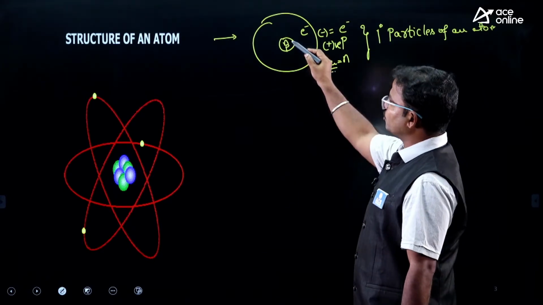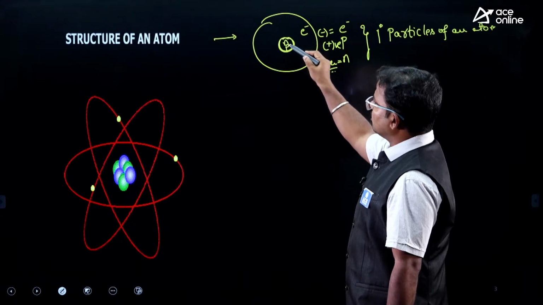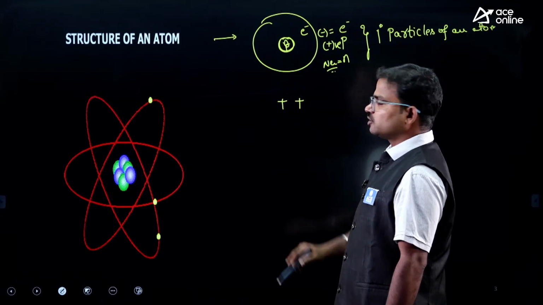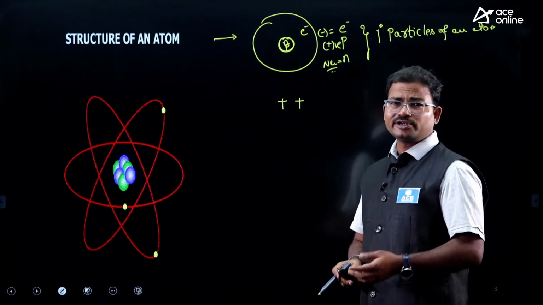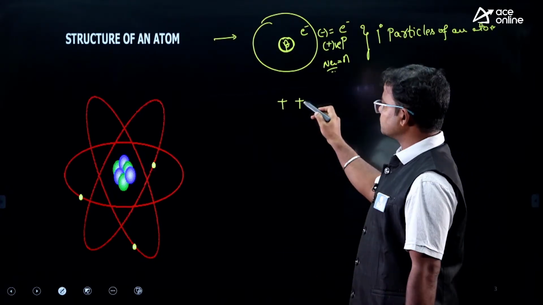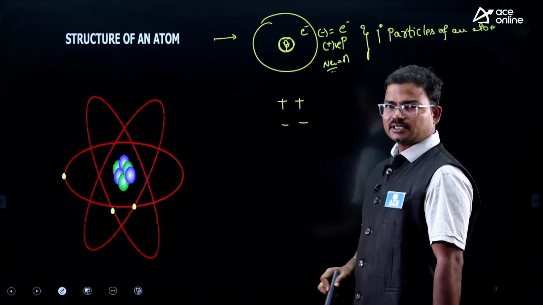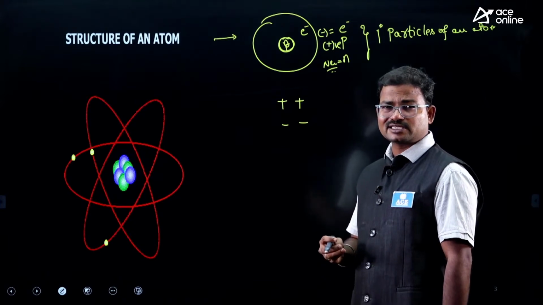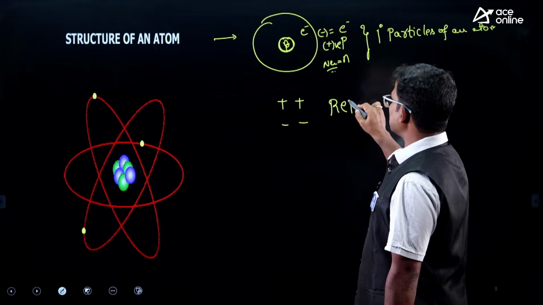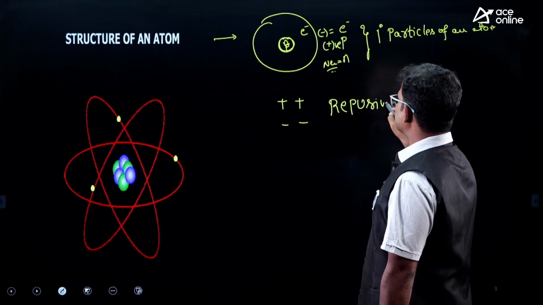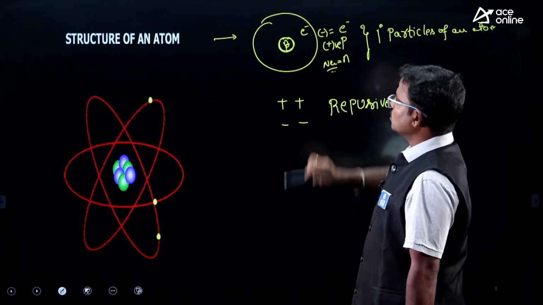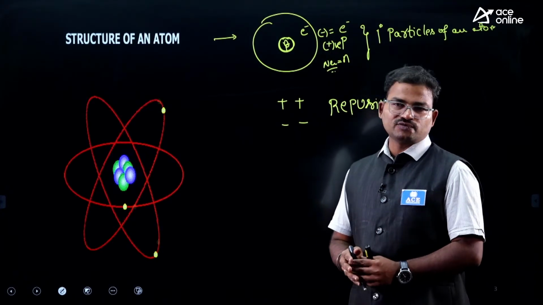But if you observe the nucleus, mostly protons exist there. So what kind of charge does it have? Positive. We already know that according to Benjamin Franklin, like charges, plus plus or minus minus, always have only repulsive forces between them. So the nucleus should exhibit repulsive forces.